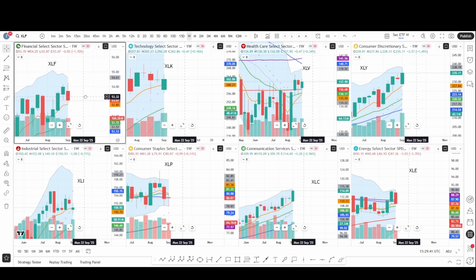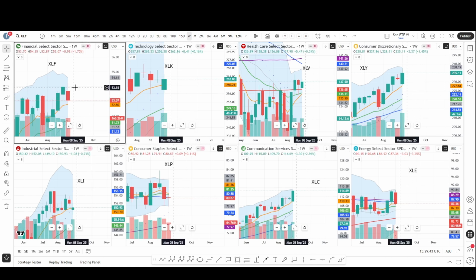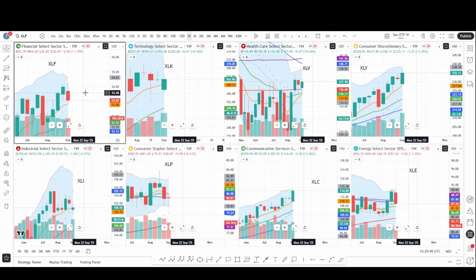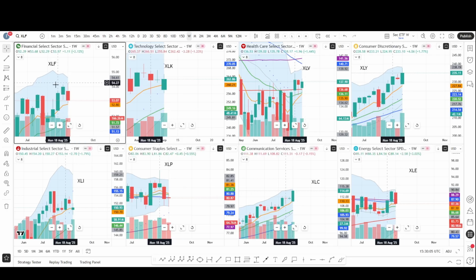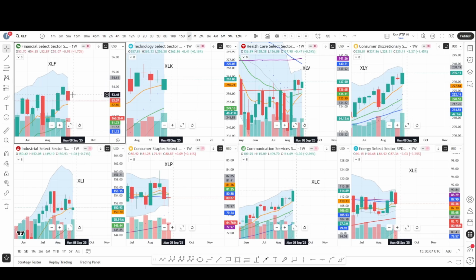The only concern is financial, because it closed with an inside down candle, and on the daily frame, we will talk about it a bit later, it's also bearish, so we can have some volatility in this sector, and let's see what kind of results it will have next week.